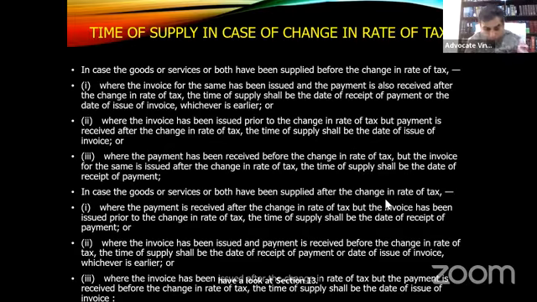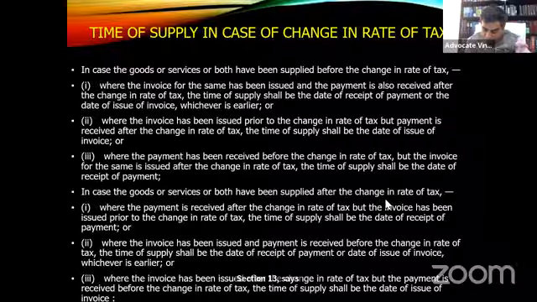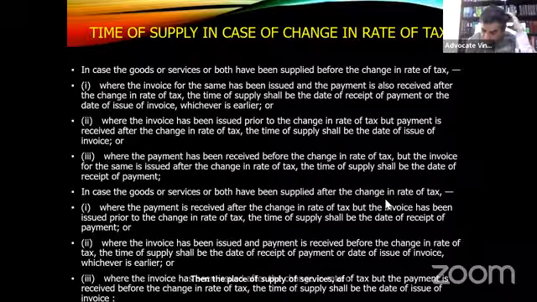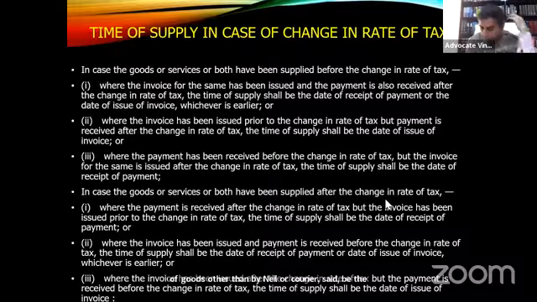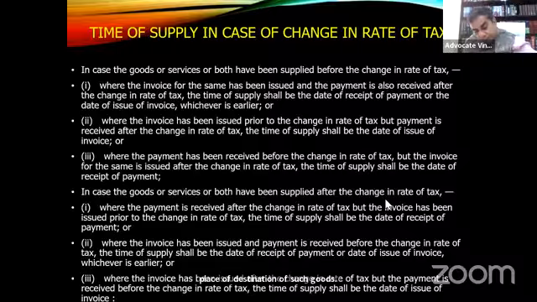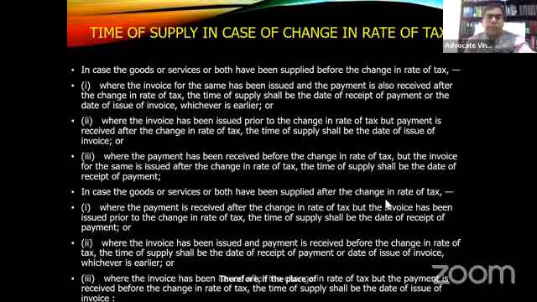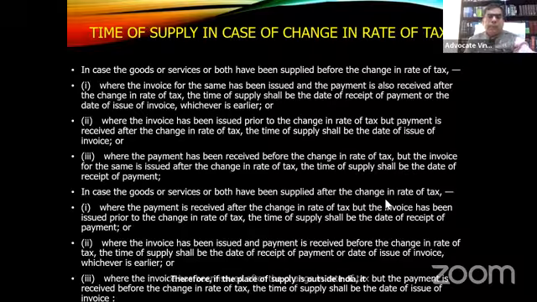Section 13 says that the place of supply of services of transportation of goods, other than by mail or courier, shall be the place of destination of such goods. So by all means of transport except mail or courier, it is the place of destination of the goods which is material to determine the place of supply, and it will be outside India. Therefore, if the place of supply is outside India, it will be considered a zero rated supply.